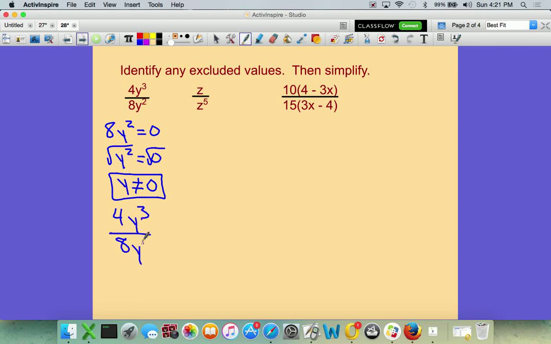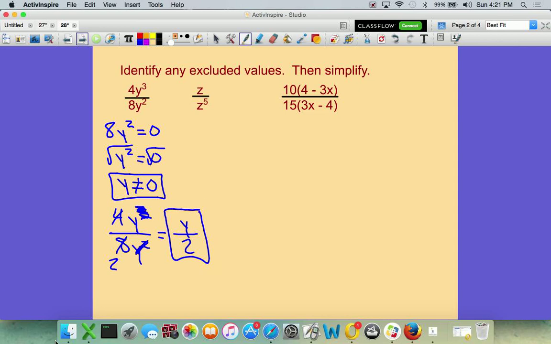From here, we're going to cross things out. Of our y's, we have 2 on the bottom and 3 on the top, so we're going to get rid of 2 of them. We still have that y there, be careful with that. 4 goes into both 4 and 8, so we'd have a 2 left over on the bottom. So we would end up with y over 2, once again, as long as y does not equal 0.